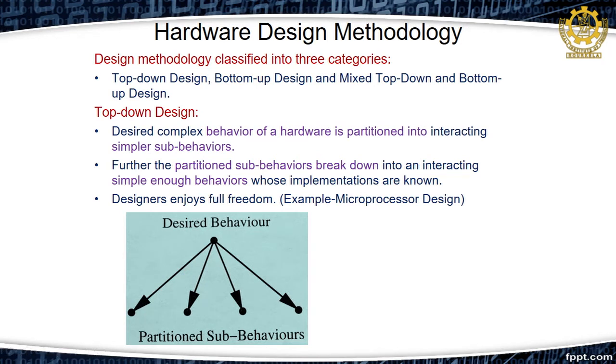As in the ALU example, you come up with lower end modules like an AND gate, one XOR gate, one NOT gate. Now you know how to design an AND gate. So you have to go till simple enough behaviors whose implementations are known to you. In this way we started from a big design and ended with small modules which are known to us.